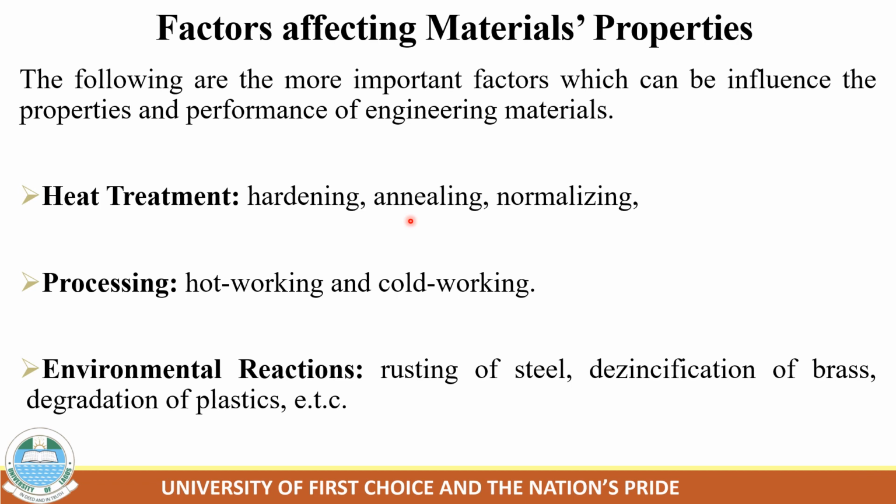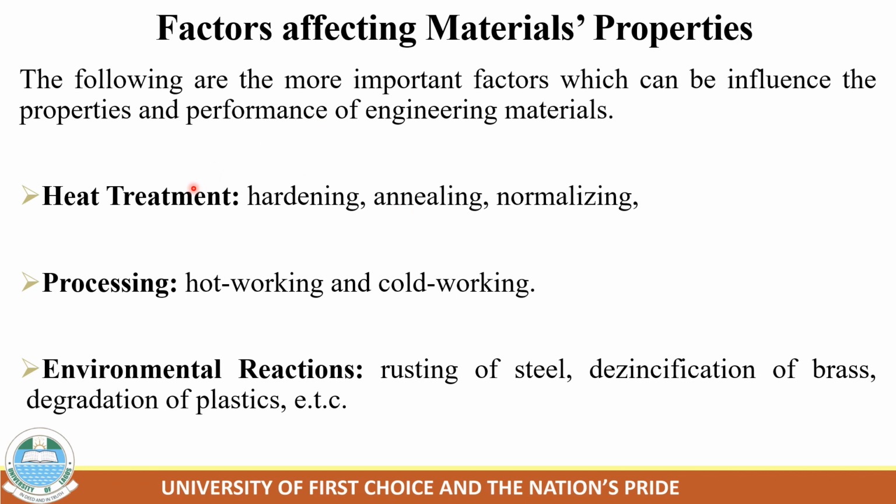So heat treatment can be referred to as the alteration of the microstructure of metals to change the characteristics of metals, either to be hardened or to be softened, and also you can normalize the materials with heat treatment.